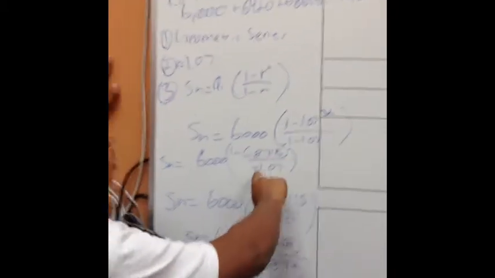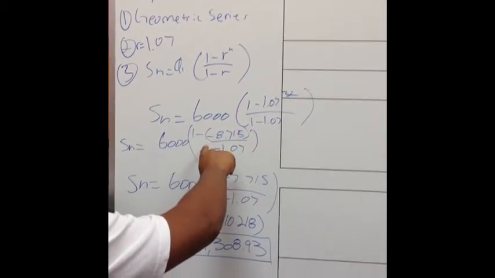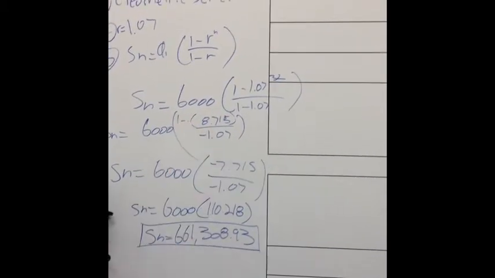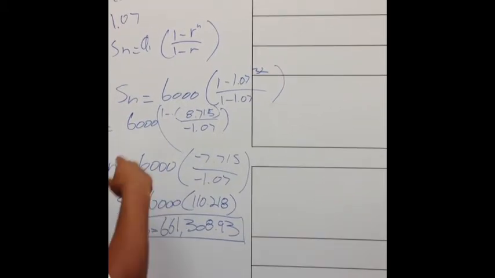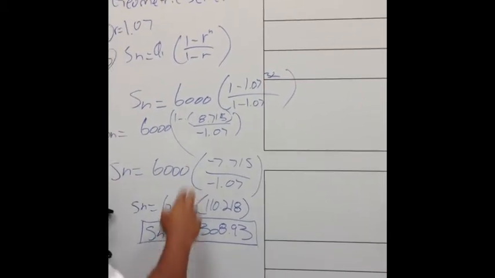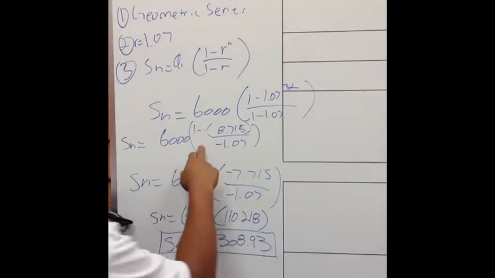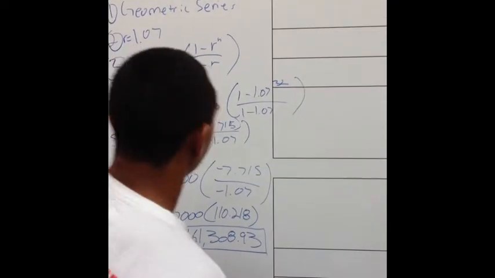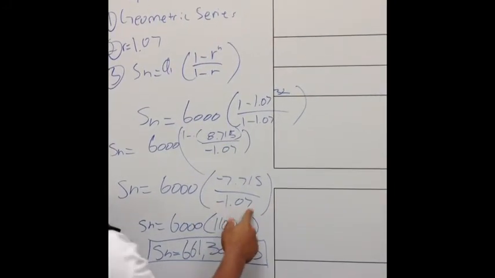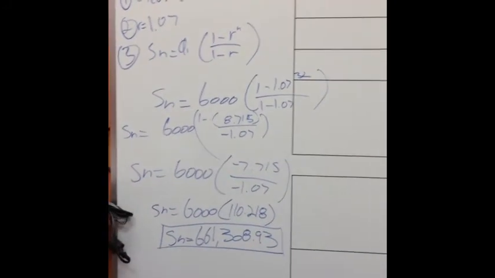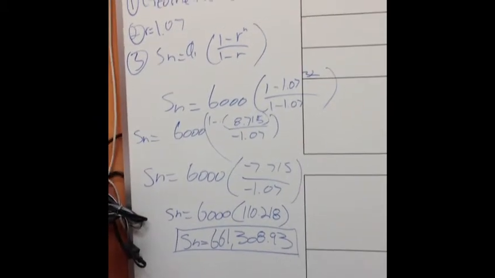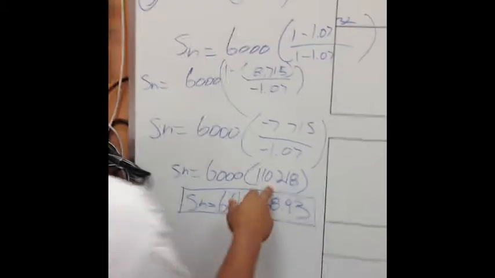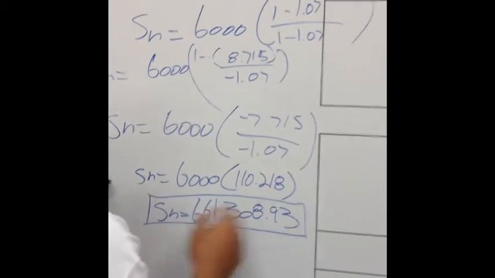Do the exponent first, which you would get 8.715. You subtract 1. You should get negative 7.715. Divide that by negative 0.07, and you should get 110.218.